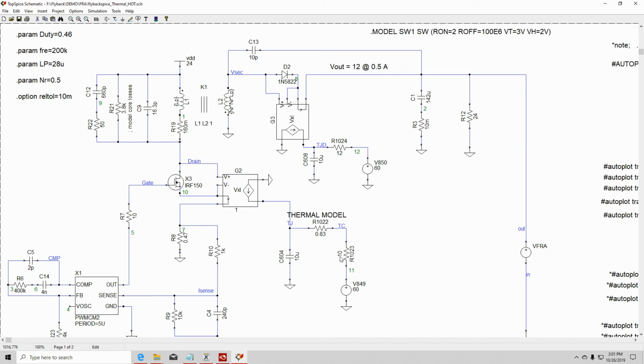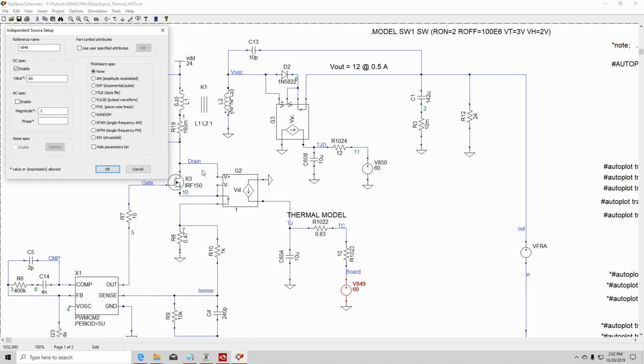So in this case we will use a 10 ohm resistor. Then this would be the board. This voltage here is the temperature of the board, and let's assume that the board is at 25 degrees C. So if you want to make the board 25 C, then we have to set this voltage at 25. So we'll do 25.